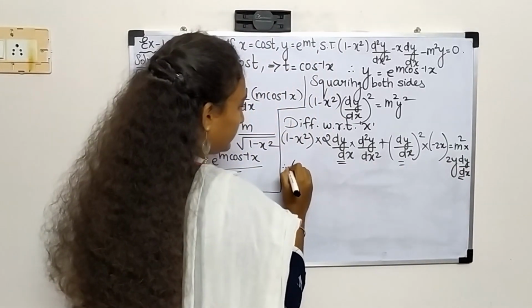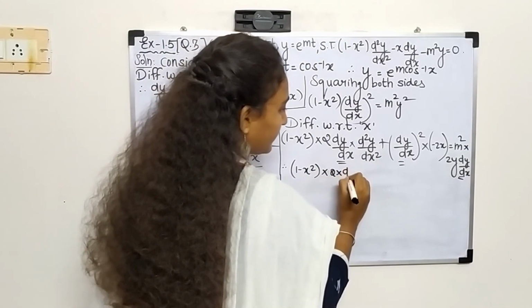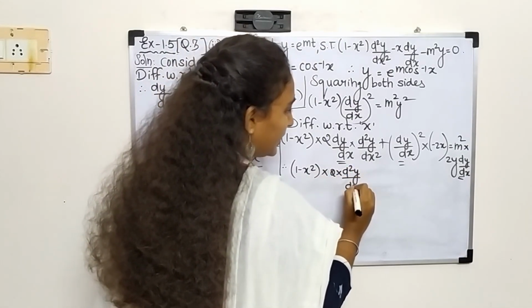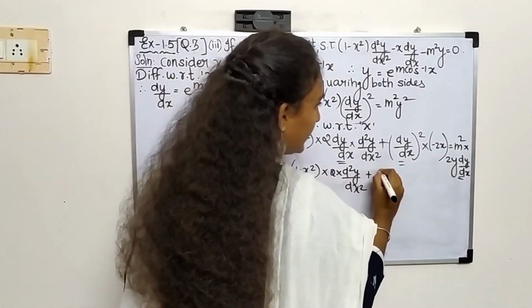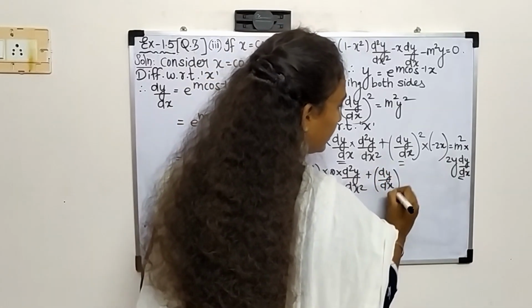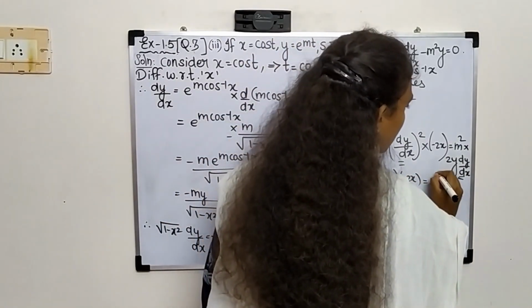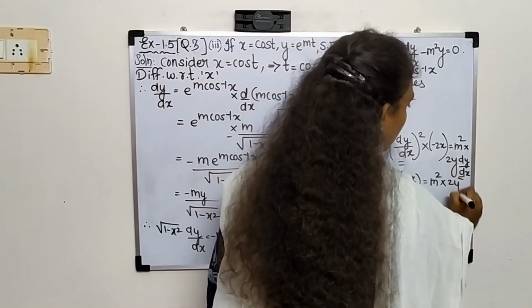So this will become 1 minus x square into 2 times d square y upon dx square plus dy by dx into minus 2x is equal to m square into 2y.